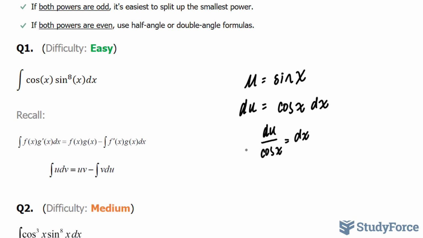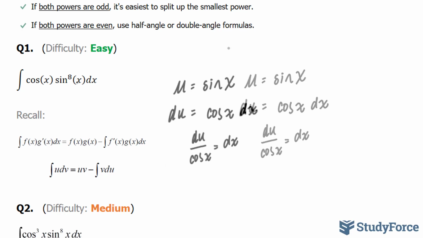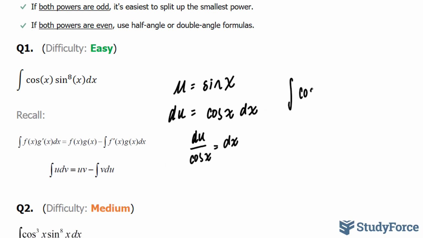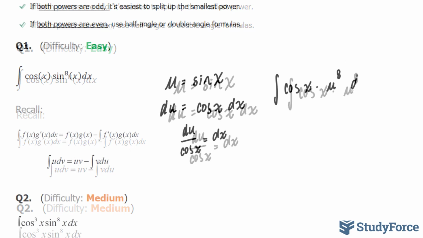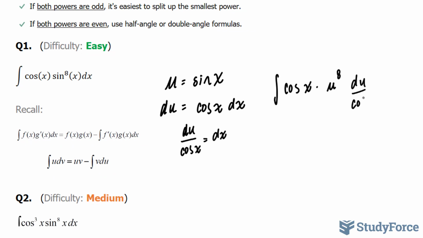I'm going to substitute this back into my equation, where I have the integral of cosine x times u to the power of 8 du over cosine x. So I replace this dx with du over cosine x. This cancels out, and we're left with the integral of u to the power of 8 du.